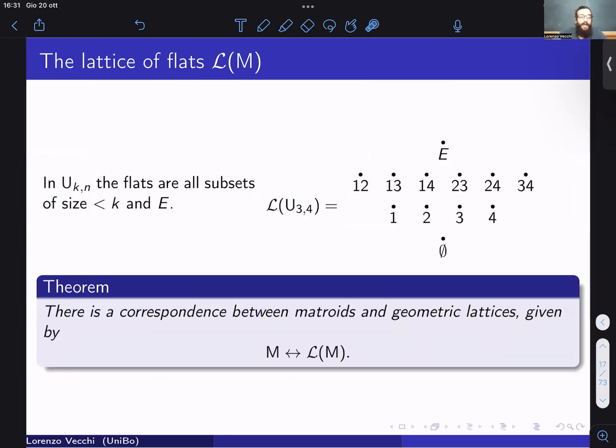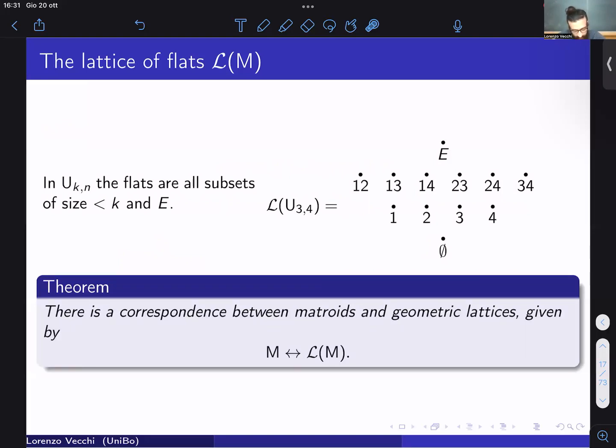Okay, now we have a theorem that this lattice of flats of the matroid encodes all the properties of the matroid. So we can determine the matroid just by looking at the lattice of flats. And there is a theorem that tells us that there is a correspondence between matroids and geometric lattices. Geometric lattices are particular posets that satisfy certain properties.